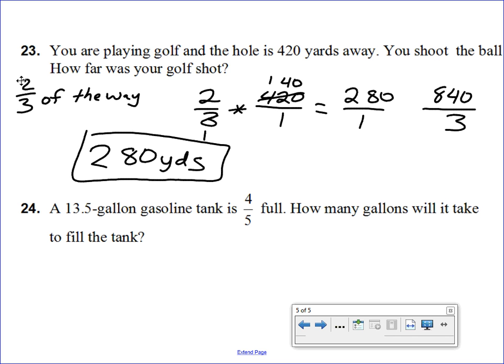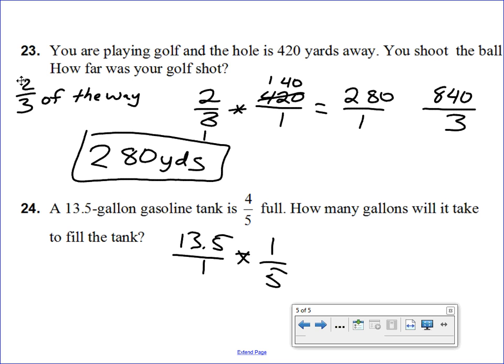It should be 1/5 of the tank, right? And that will tell us how much. Now, we could take 4/5 of 13.5, and that would tell you how much gas you have right now, and then you could find the difference of the two, and you'd be fine. That just adds one more step. So I would do 13 and a half over 1 and multiply that by 1/5.